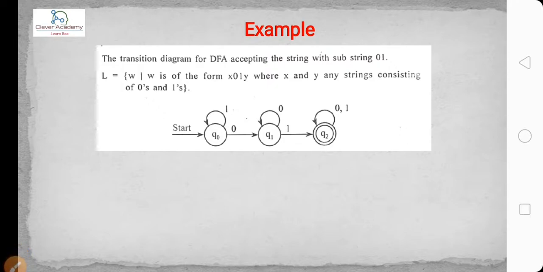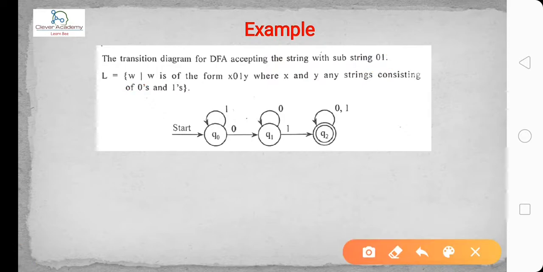You can see the example here. You have a transition function; this is a DFA. The string is accepted if it has a substring 01. This is called a substring, of the form W equals x 01 y.